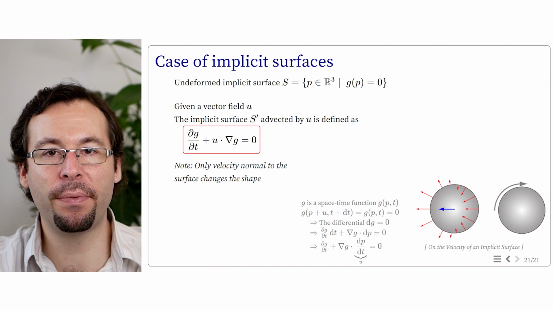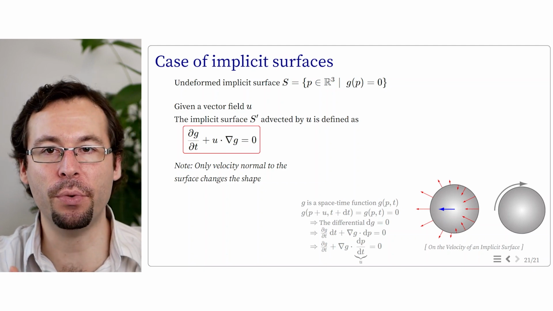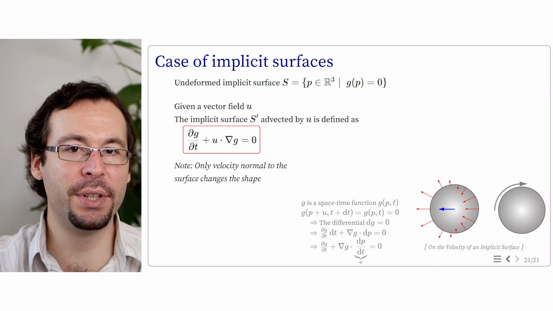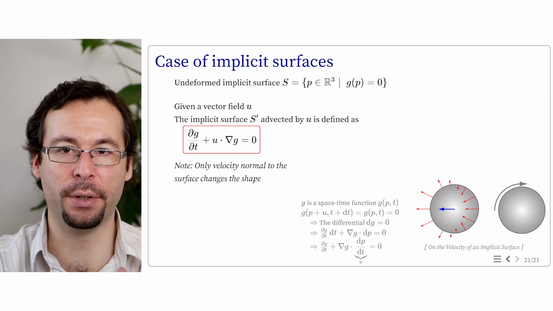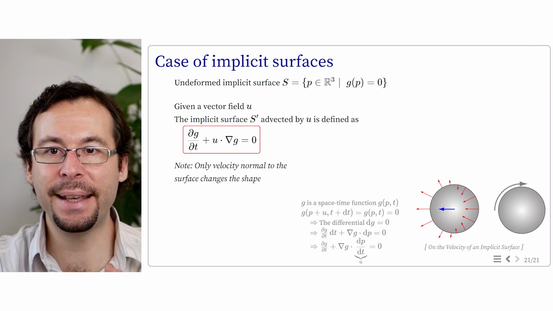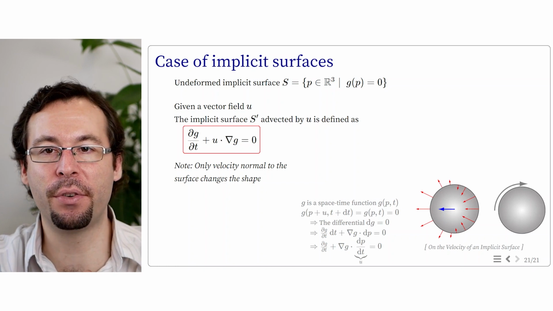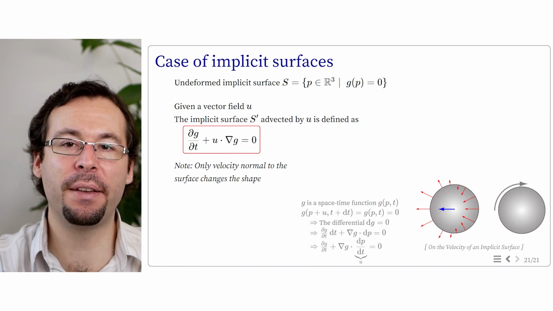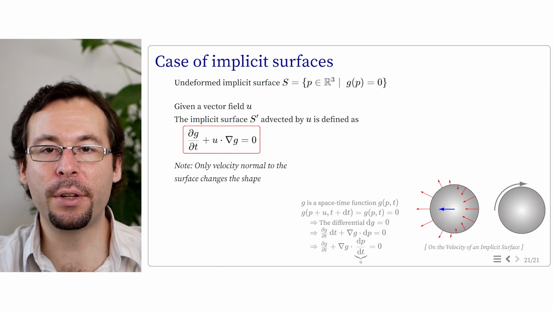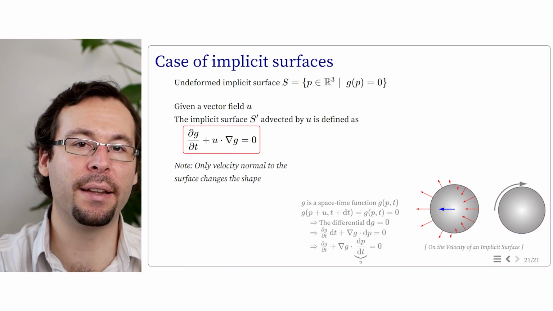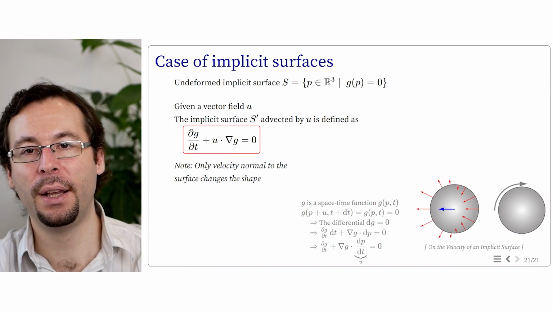Then the implicit surface S prime advected by the velocity u can be computed by the zero iso-value of a time-evolving g function. And the equation of evolution of g is this partial differential equation: the partial derivative of g with respect to t, plus the dot product between u and the gradient of g, is equal to 0.